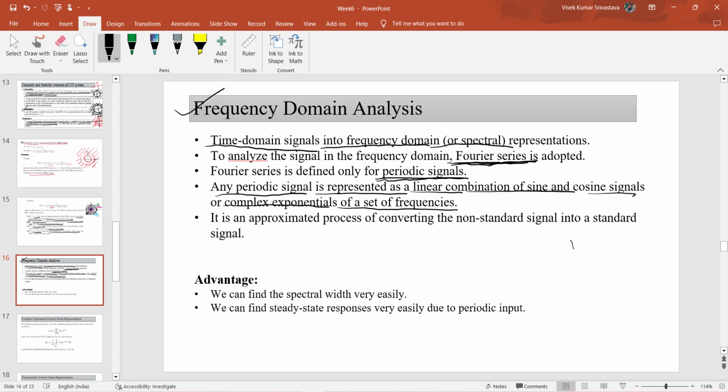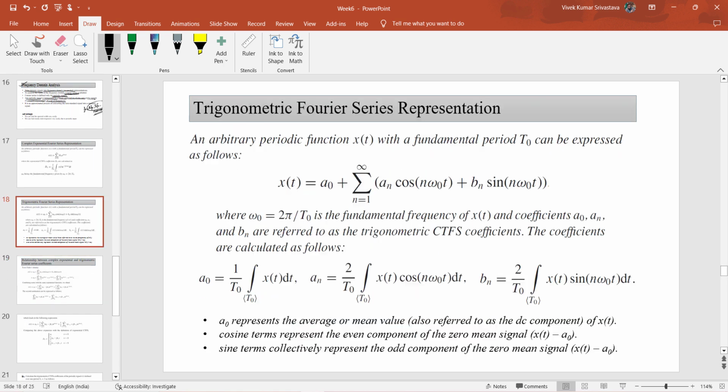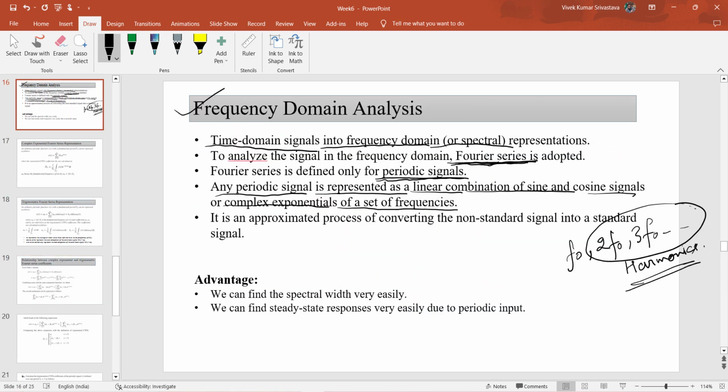Let us say f naught is the fundamental frequency, then twice f naught, thrice f naught, and so on are the harmonics. So basically, this Fourier series is an approximation, converting a non-standard signal into a standard signal and then analyzing it.